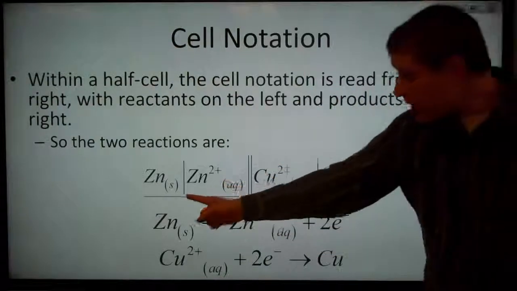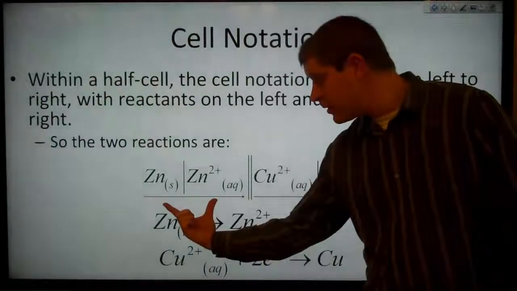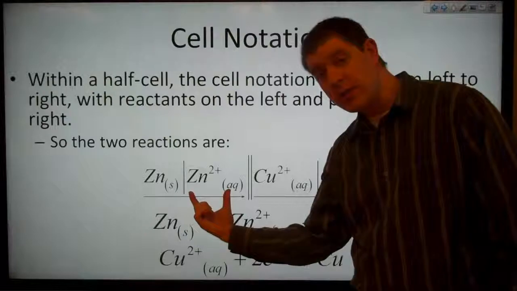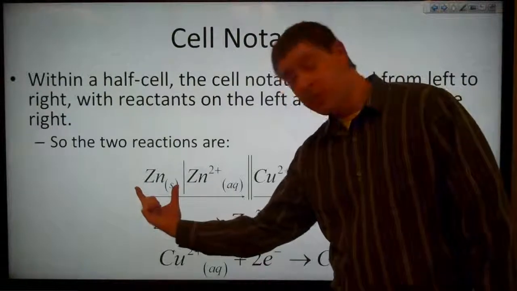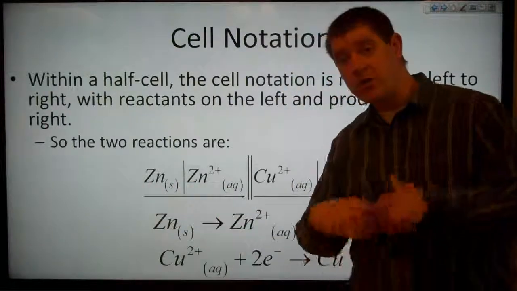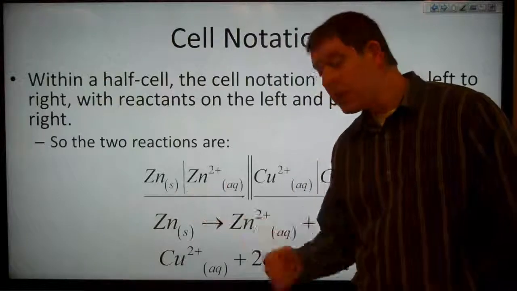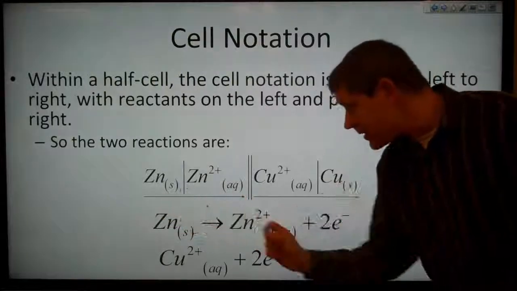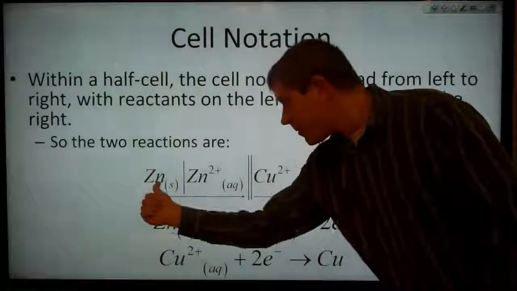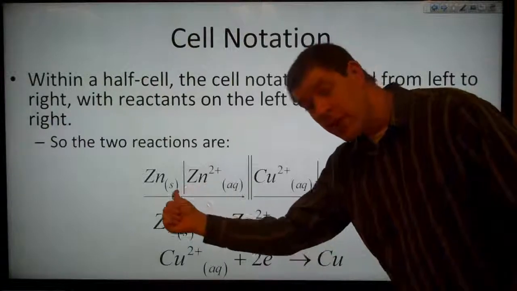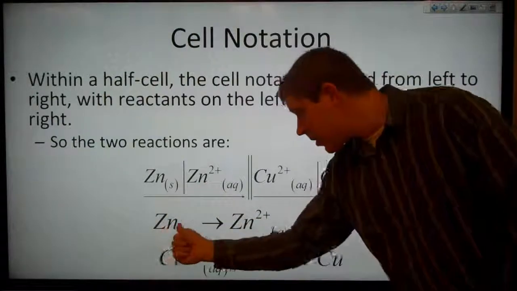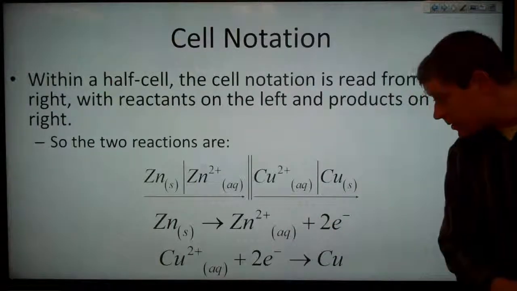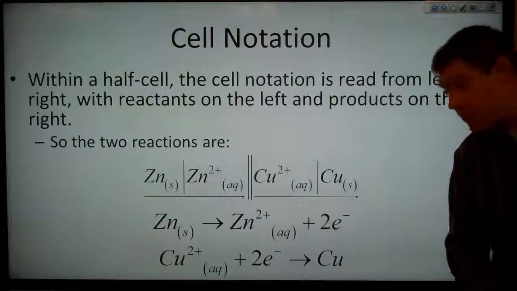So here we have the zinc half cell, and we have zinc solid going to zinc 2+. If we're going from a charge of 0 to a charge of 2+, we must be removing electrons from our zinc, and that means that our half reaction for that left side is going from zinc metal to zinc ion, solid to the aqueous ion, and then we have to be producing 2 electrons.